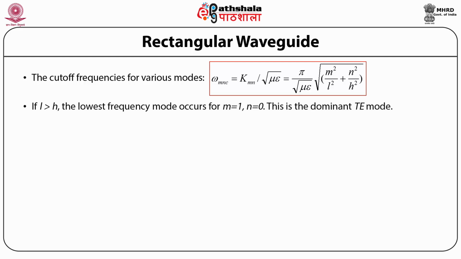So if L is greater than h, then the lowest frequency mode that can occur for a rectangular waveguide is given by m = 1 and n = 0.